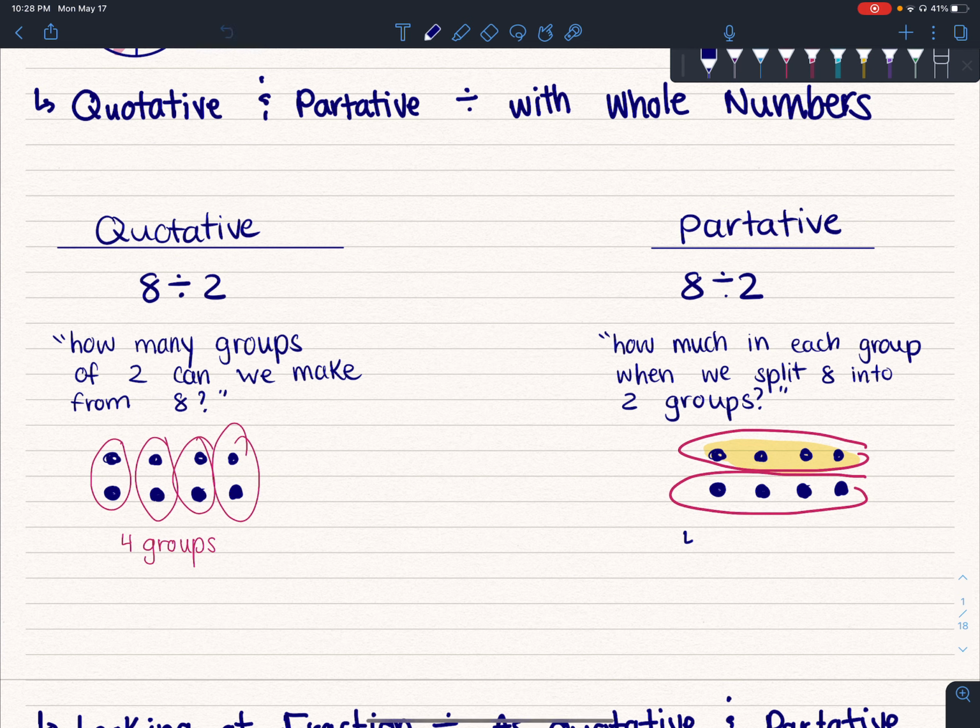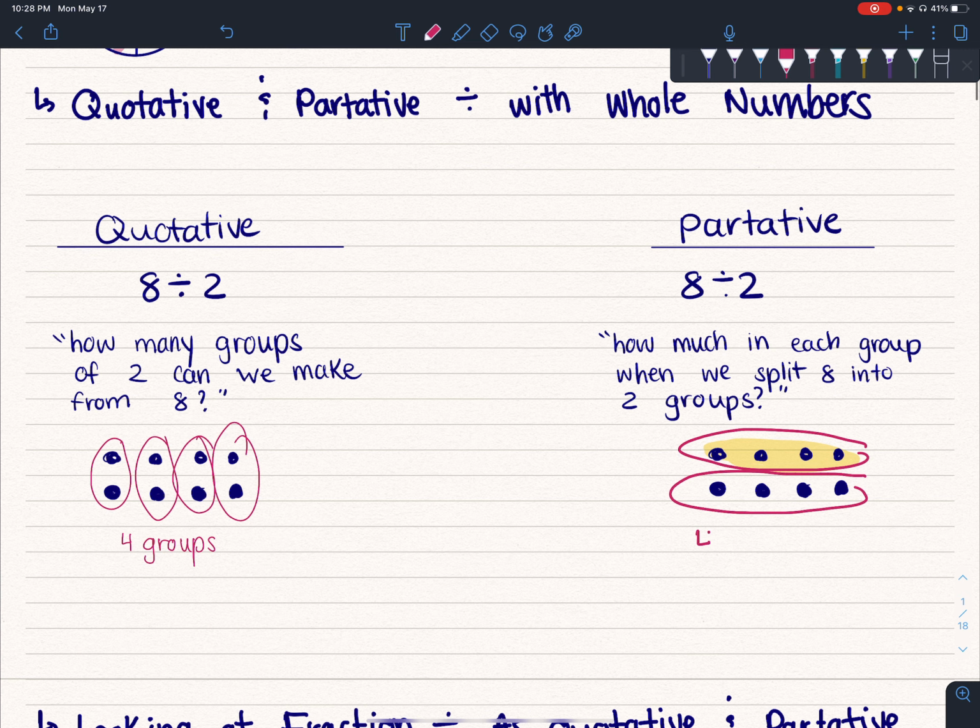I have 4 things in each group. So this is 4 things in each group when I split it into 2 groups. And this is 4 groups when I put 2 things in each group.